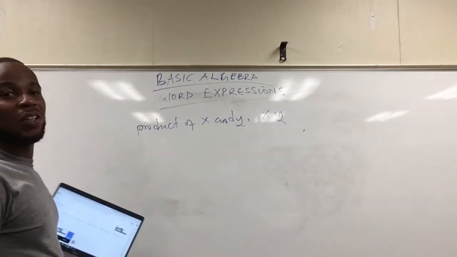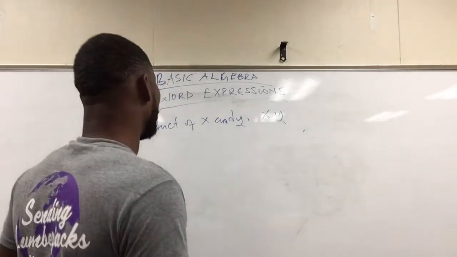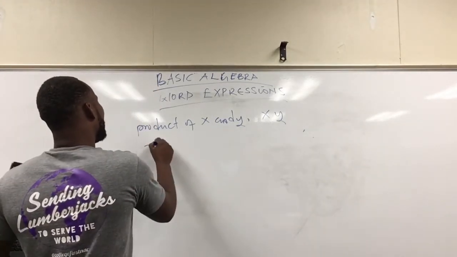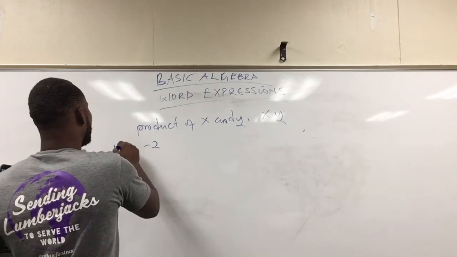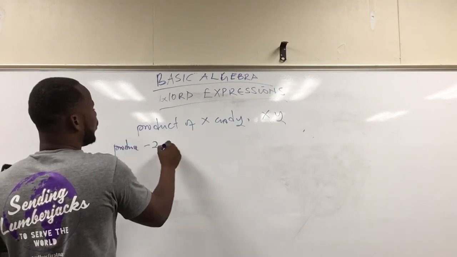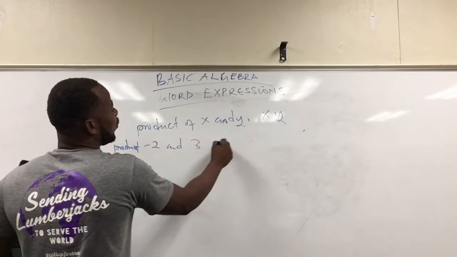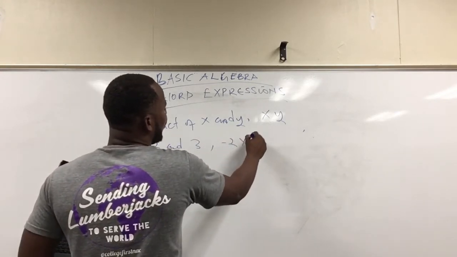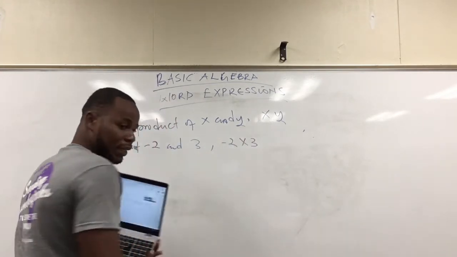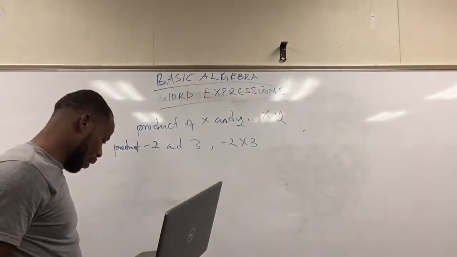That's all. So if it asks you what's the product of minus 2 and 3, you just multiply negative 2 times 3. That's pretty easy, right?